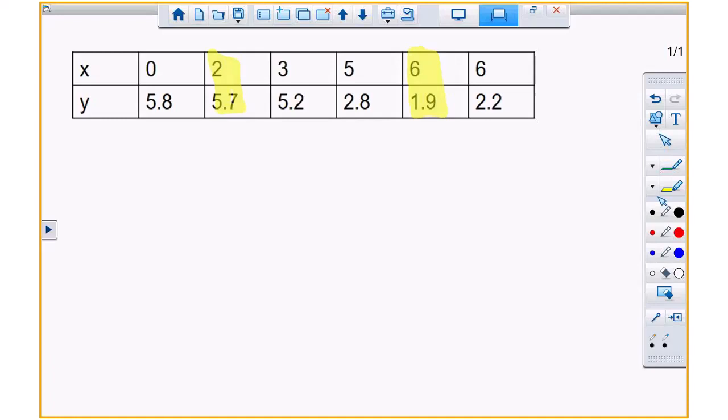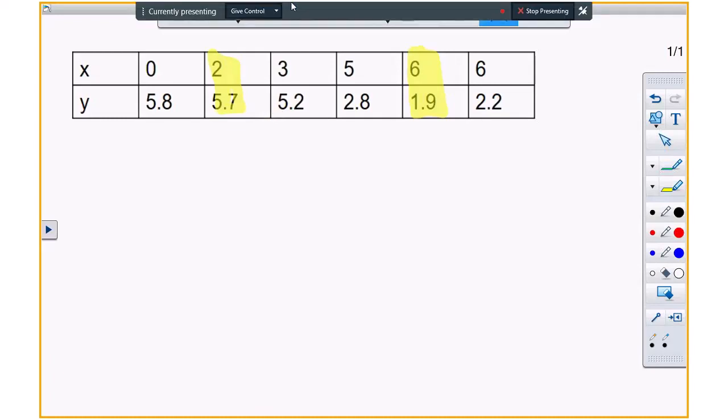But see, this is a type question that they would give you on a test to see if you would not use the calculator, because they're giving you 2 points. This is not a straight line. So if you put these points in the calculator and you hit linear regression, it's going to give you the line of best fit and you'll get the problem wrong. So you need to actually do this by hand.